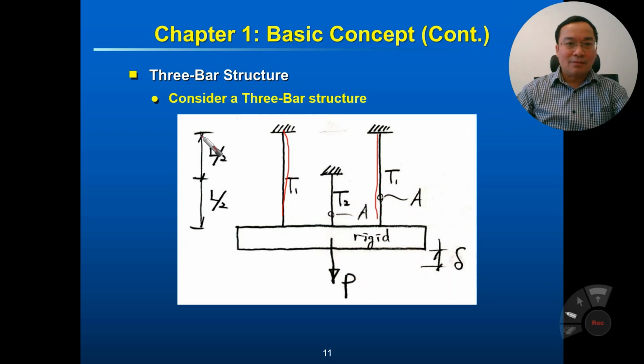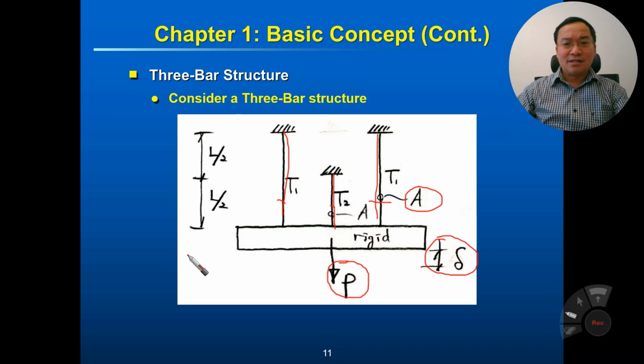T1 has a length of L, and T2 has a length of L over 2, half of L. All bars have the same section A. Now we have to determine the relationship between P and theta, load and deflection, in the whole analysis, including elastic analysis and plastic analysis.